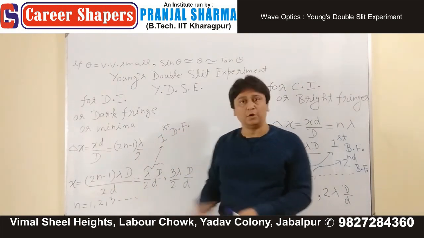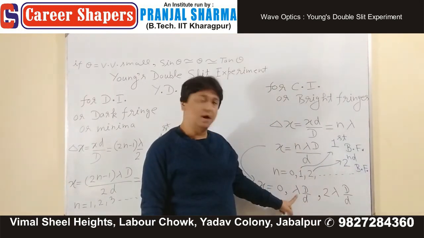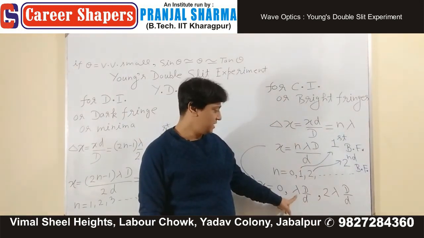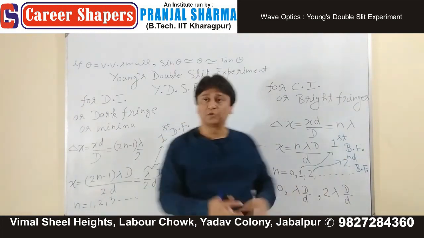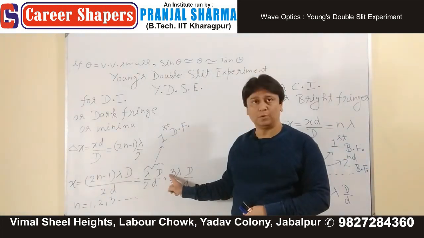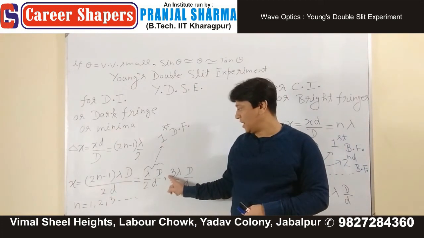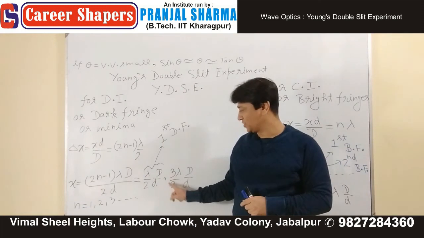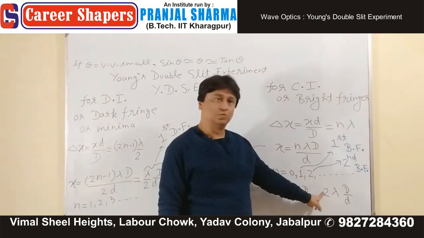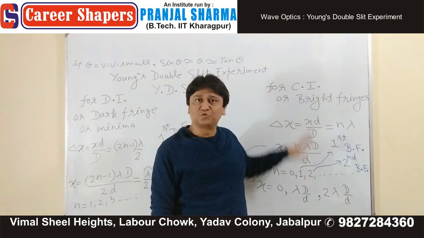After lambda by 2, you get lambda. This is your first bright fringe. After lambda, you get 3 lambda by 2. After 3 by 2, 1.5, you get 2. So that's how the sequence works.